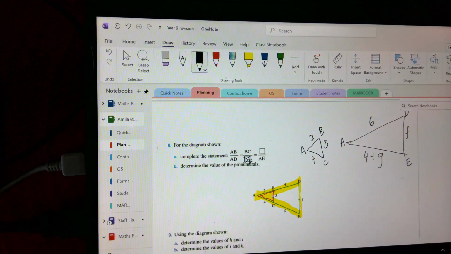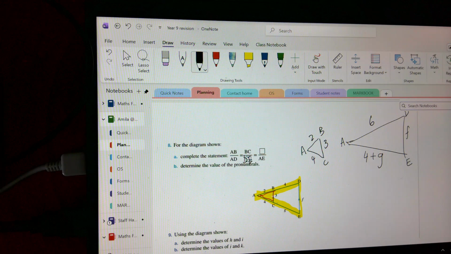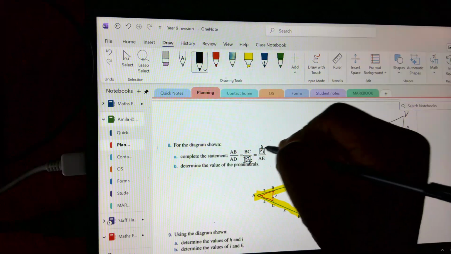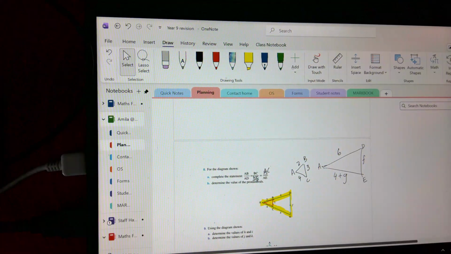And then we're going to use that same thing. AE is the big triangle, which is 4 plus G. We know that from this. And that means top line is our bottom smaller triangle, so AE is the same as AC. From that statement, we can work out what exactly the variables are.